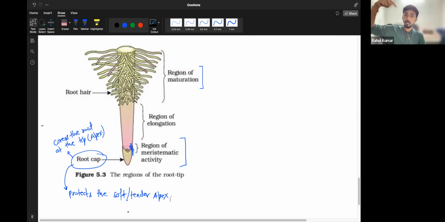Because when root grows in the soil, this is the first site that encounters everything on the way, right? So this root cap protects the soft and tender apex tissue as it makes its way through soil.